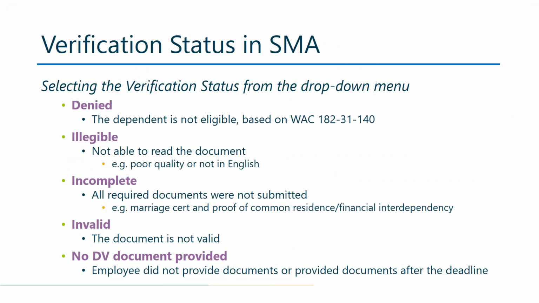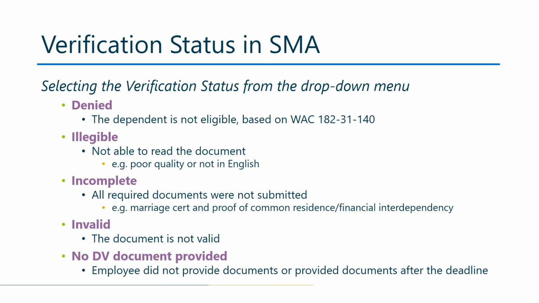So here's some explanation on those denied status. Denied is the dependent is not an eligible dependent based on the WAC. We have illegible, you're not able to read that document. Maybe it's really poor quality. They took a picture with their cell phone and it's really blurry, or it wasn't provided in English. You also have incomplete, so all the required documents were not submitted.